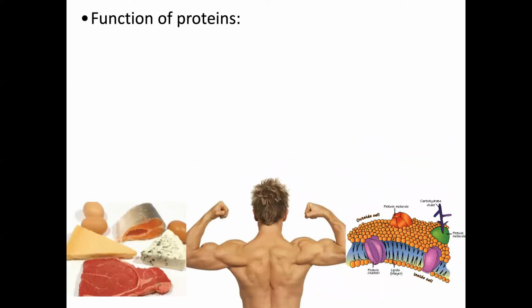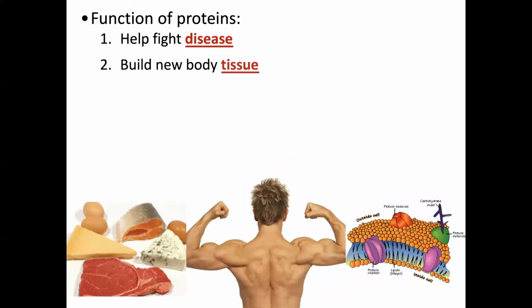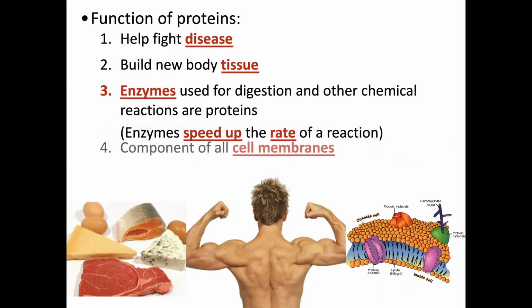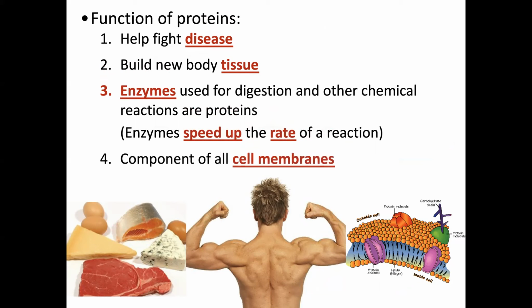And the function of proteins. Here are some examples of the functions of proteins. It helps fight diseases. So if you're sick or you get a disease, make sure to take proteins, which help you fight the disease.